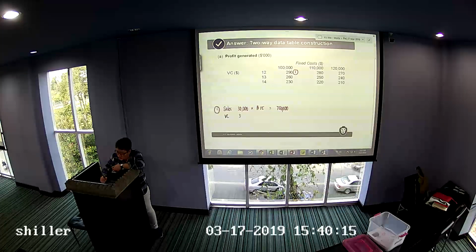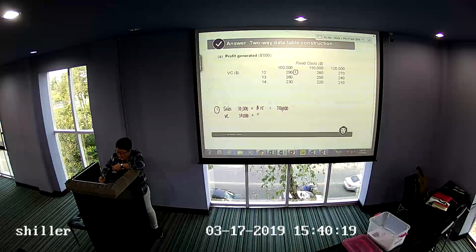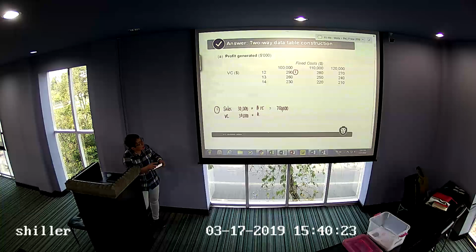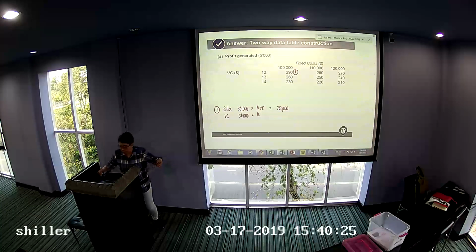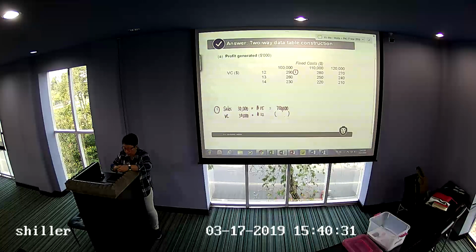So variable cost is what? Look at the table. So what's the variable cost they said for this situation here? 12. Okay. So variable cost of 12 is 360,000.